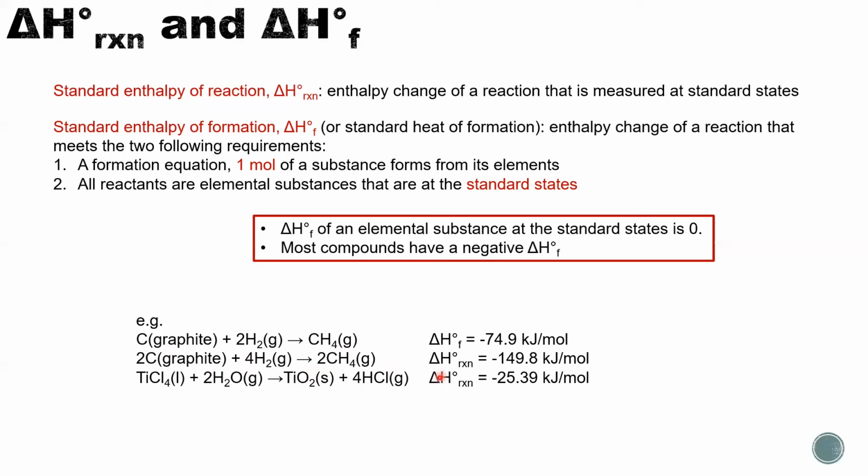We have to call it the standard enthalpy of reaction. In this case, you need to multiply the negative 74.9 to make it negative 149.8 kilojoules per mole. So this is actually the stoichiometry calculation we mentioned in the previous video.